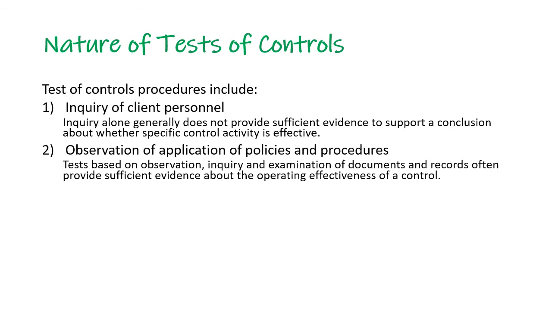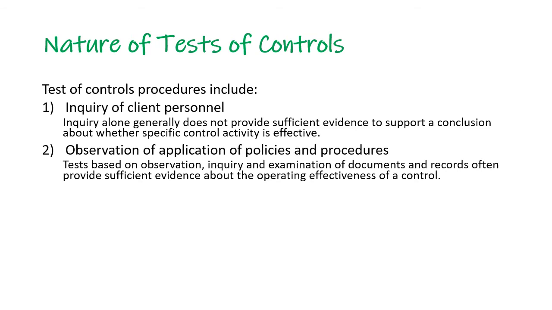You can also perform observation of application of policies and procedures. So you have to observe if the controls are being applied. Not only asking them, do you perform this, ma'am? Of course, naturally, some would say yes, we perform, even if they do not actually perform that. But you can actually observe them. You view their operations.